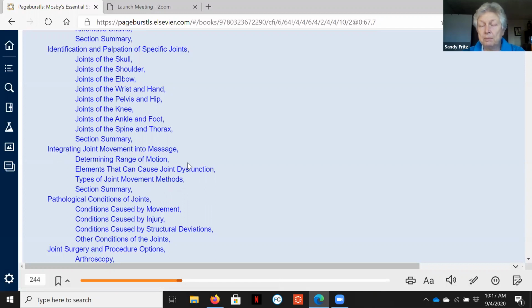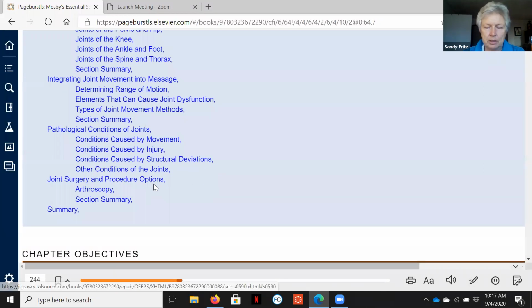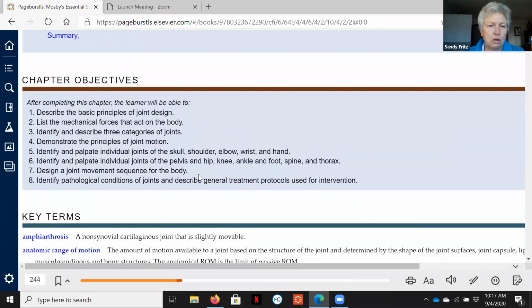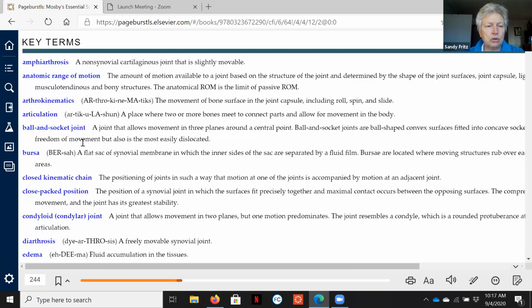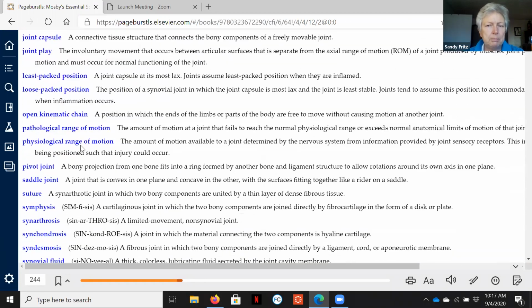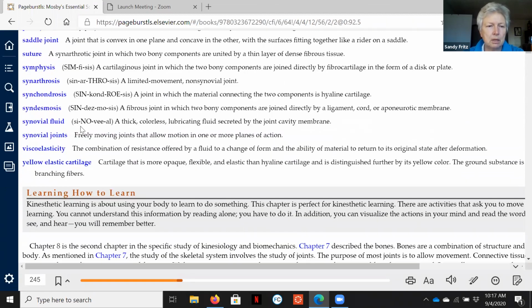So movement and assessing movement is an important part of what we do. And then we have our pathology section. So objectives and our key terms, a little bit bigger list here now.